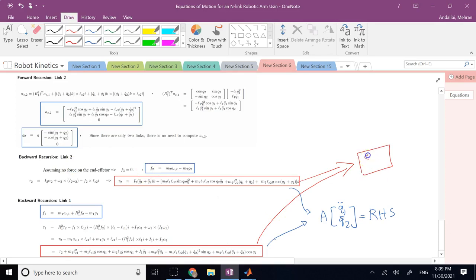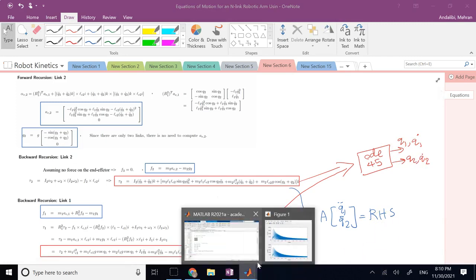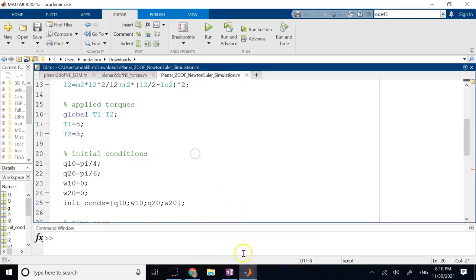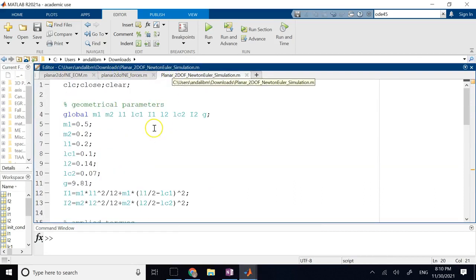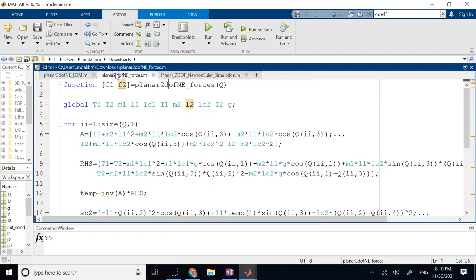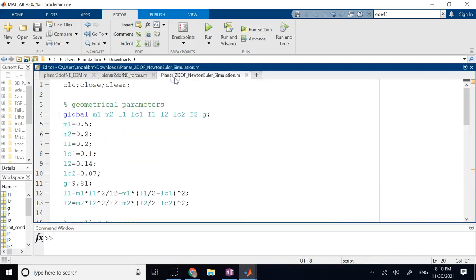Okay, so this is the overall process for solving such problems. I'm going to share these codes with you under the description, and hopefully they help you simulate this system and understand it a little bit better.